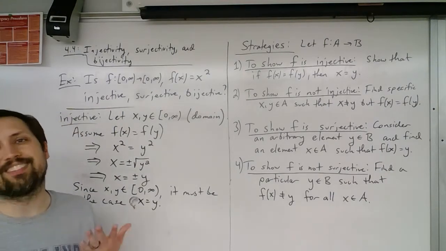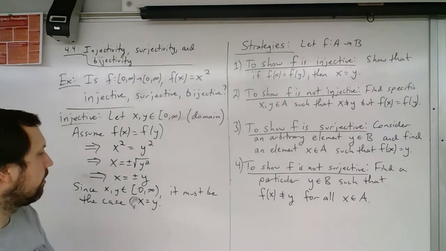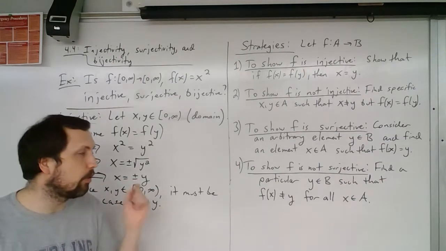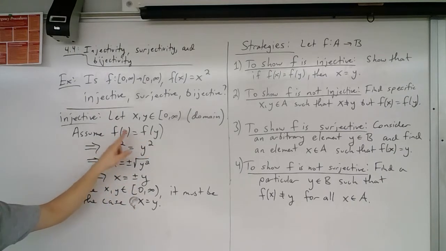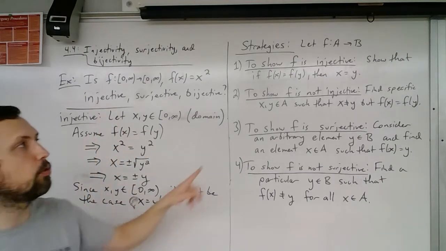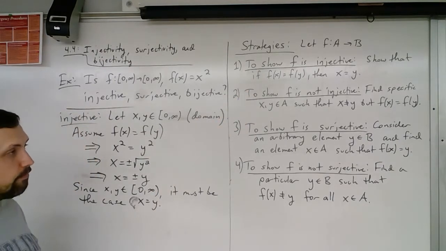Now, unless it's 0, where it equals its own negative, it's still true that they are equal. So we have now shown that if f of x equals f of y, that implies that x is equal to y. So we have shown that f is injective.